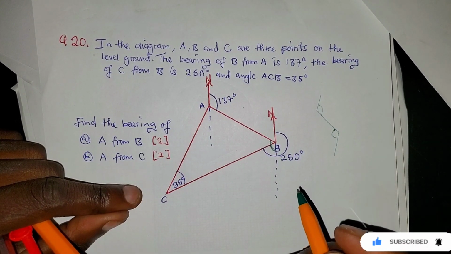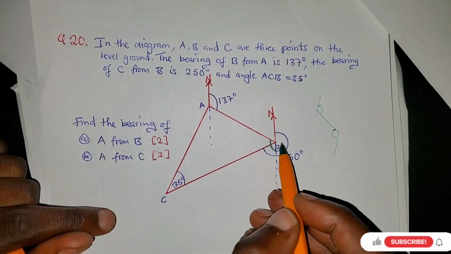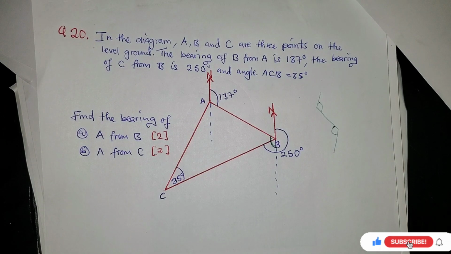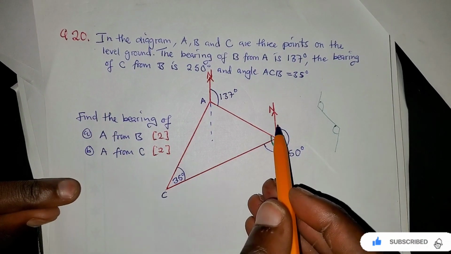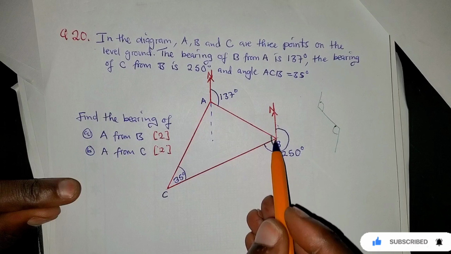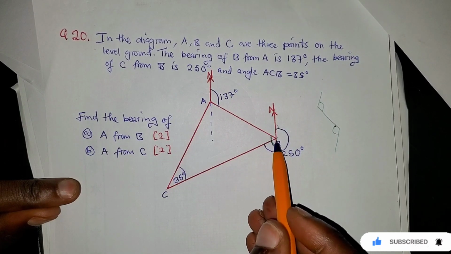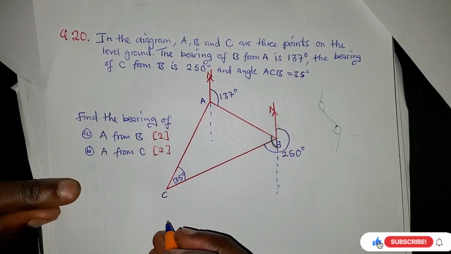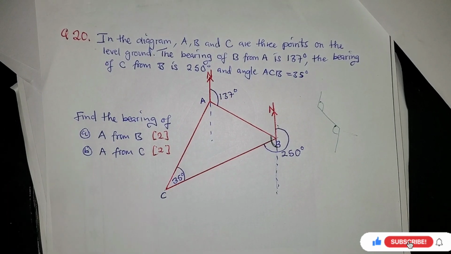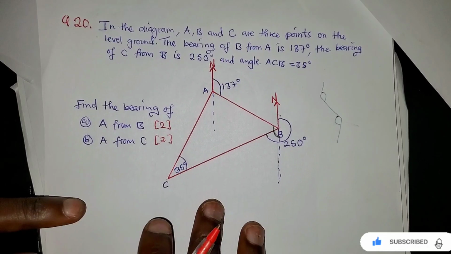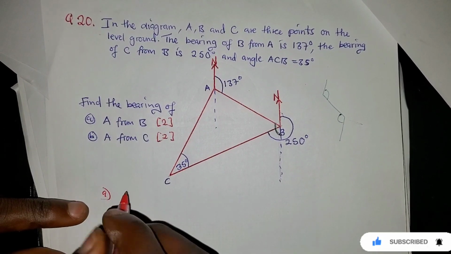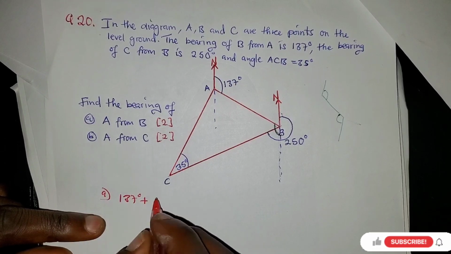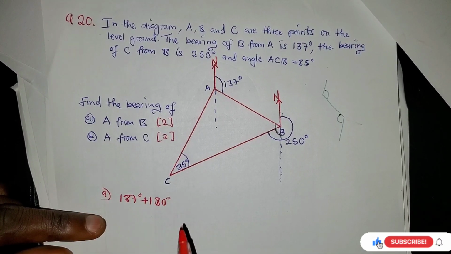So what we can do is, let's first find the angle from here up to here. We can add 137 plus the straight line, which is 180, because when you extend this one like this, this side is 180. Where are we getting the 137?